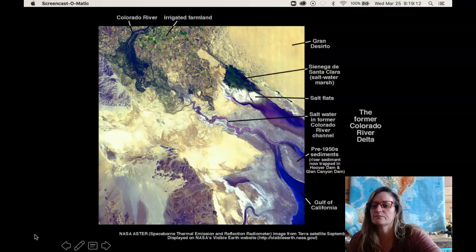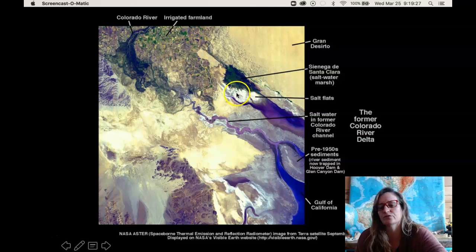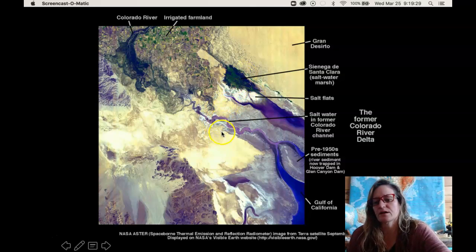All right, zooming out a little bit. Here's the Colorado River coming in. Here's all the irrigated farmland. This is in Mexico. Then it flows down and intersects with salt water. This is salty water coming here. These are salt flats that have formed as the water evaporates.